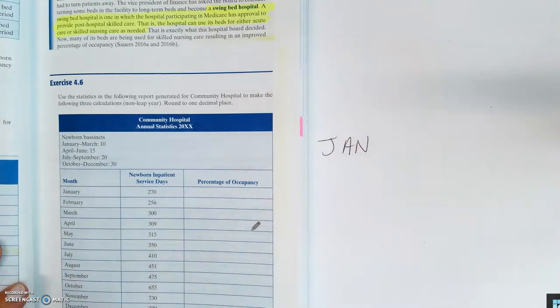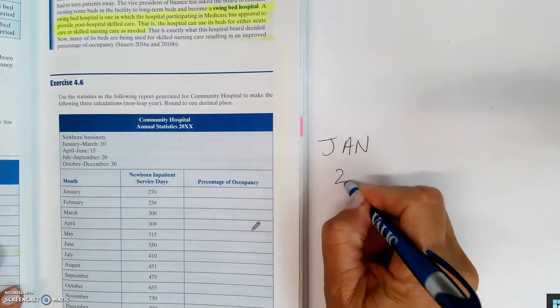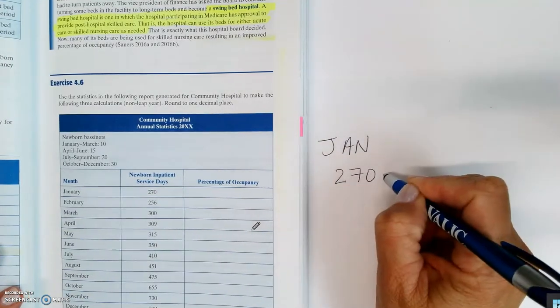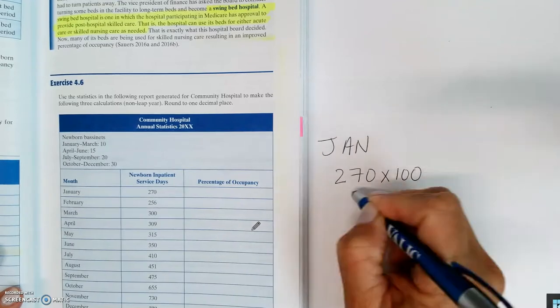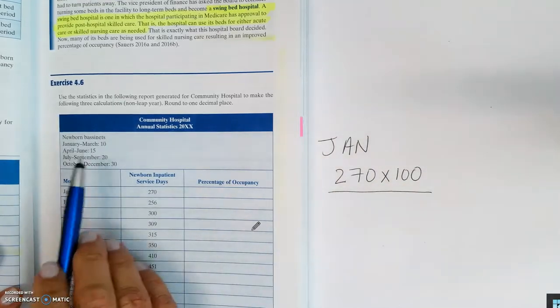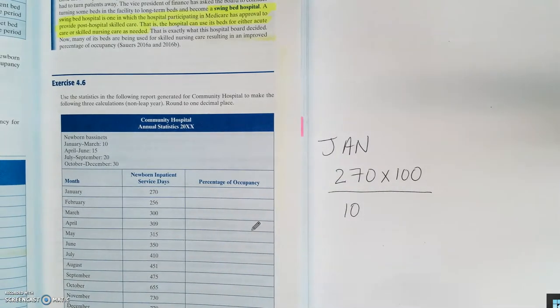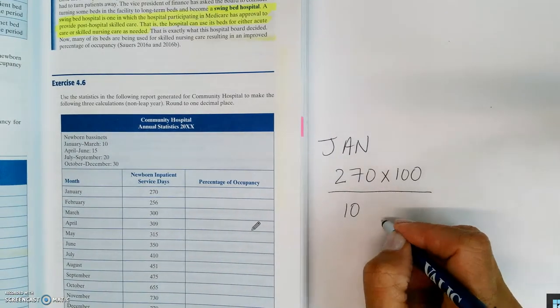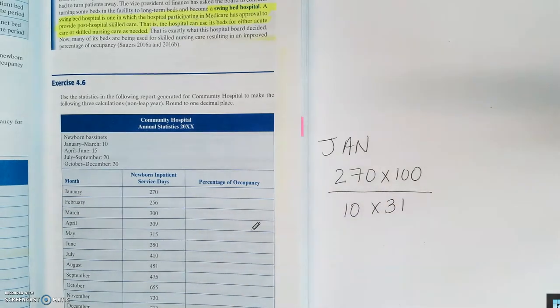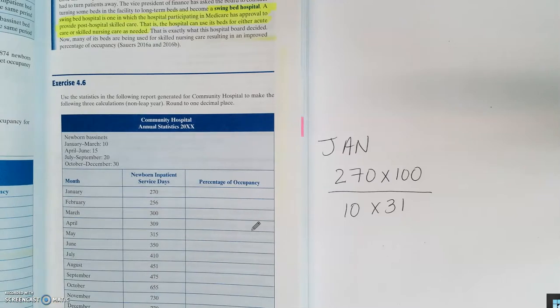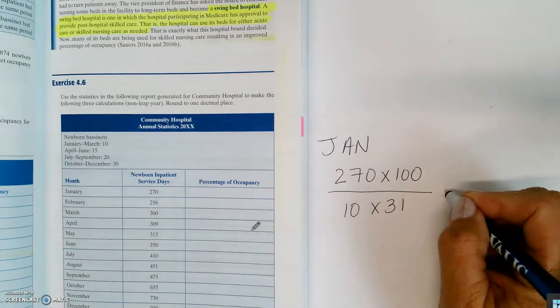So January says we've got 270 in newborn inpatient service days multiplied by 100 over bassinets, 10, times number of days in the period. January is 31. So that's how you should have set up your percentage of occupancy, or your bassinet percentage of occupancy.